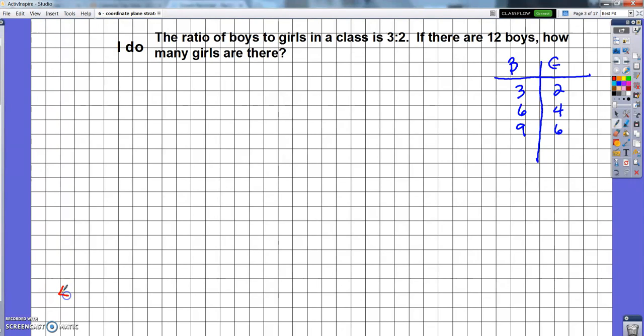I'm going to put a number line way down at the bottom of my page, and I'm going to use that number line for one of my two things. I'll say the boys. Then I'm going to draw another number line that intersects it here. Actually, let me go back, I didn't label the number lines. So I'm going to have 0, 1, 2, 3, 4, 5, 6, 7, 8, and so on.